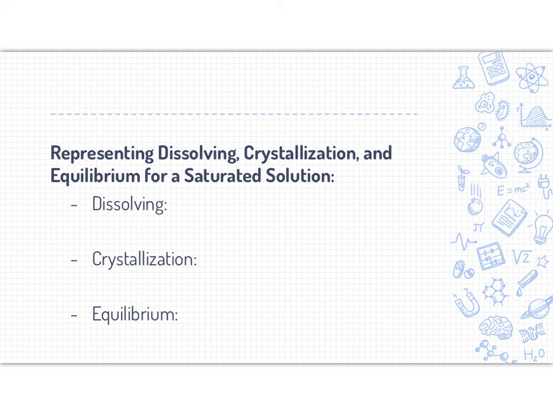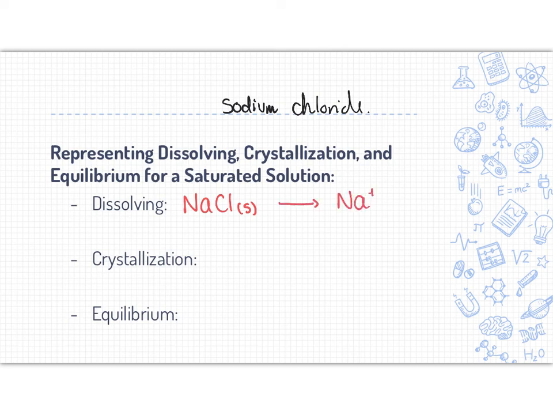So we can represent this for a solution. So let's use sodium chloride. So when sodium chloride dissolves, we start with NaCl, which is a solid. We place it in water and we note that we get Na+ as an ion and Cl- as an ion.